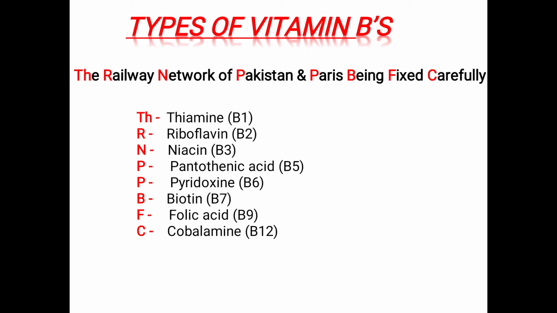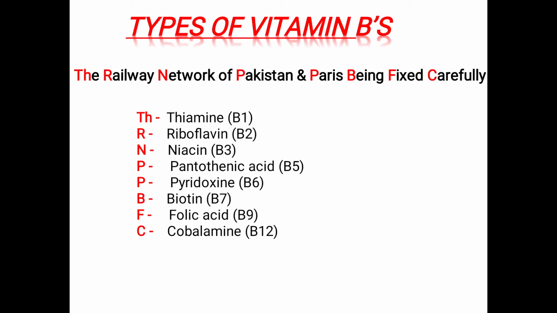N stands for niacin, which is vitamin B3. The P of Pakistan stands for pantothenic acid, which is vitamin B5, and the P of Paris stands for pyridoxine, which is vitamin B6. Then B stands for biotin, which is vitamin B7. F stands for folic acid, vitamin B9, and C stands for cobalamin, which is vitamin B12.